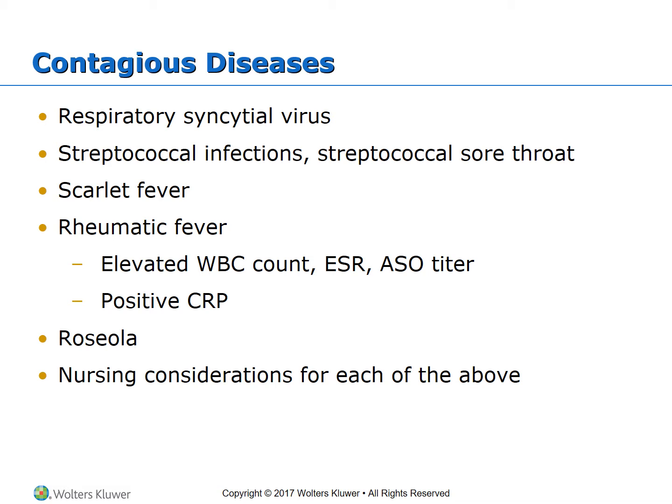Their tongue is coated with a white substance which disappears, leaving prominent papillae, or strawberry tongue. Complications can be ear infections, nephritis, arthritis, cardiac problems, and pneumonia, and they treat with bed rest and antibiotics.